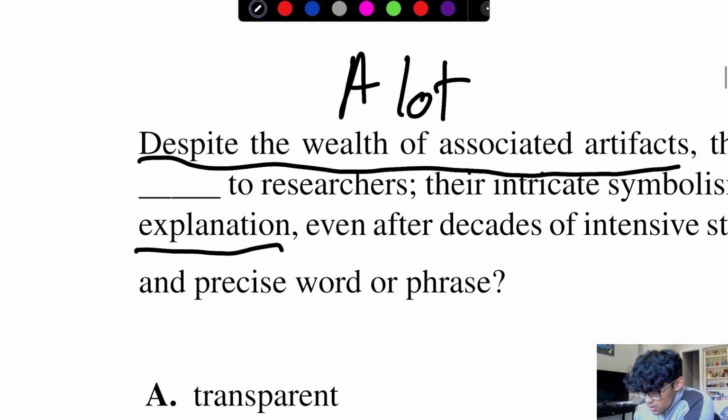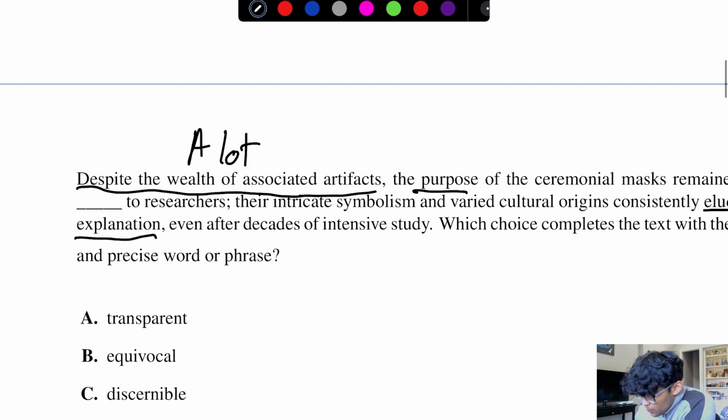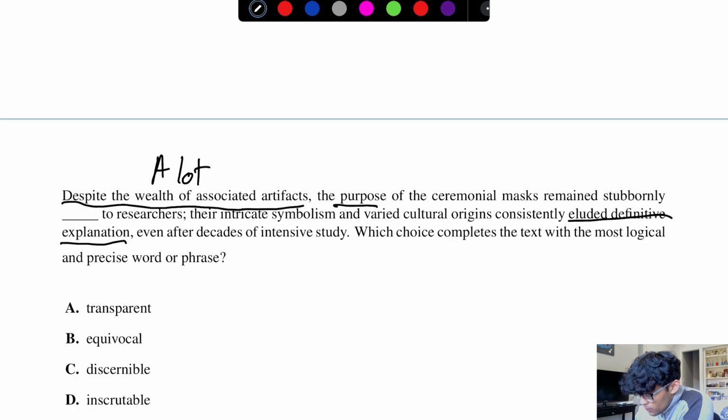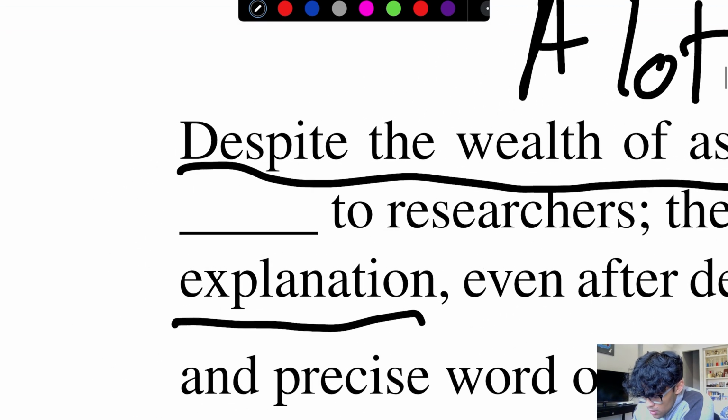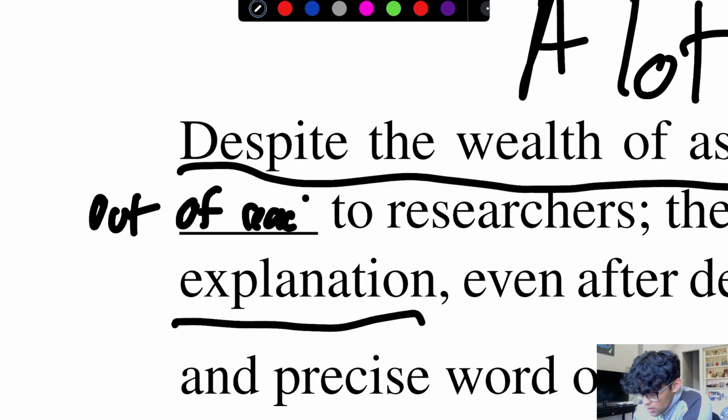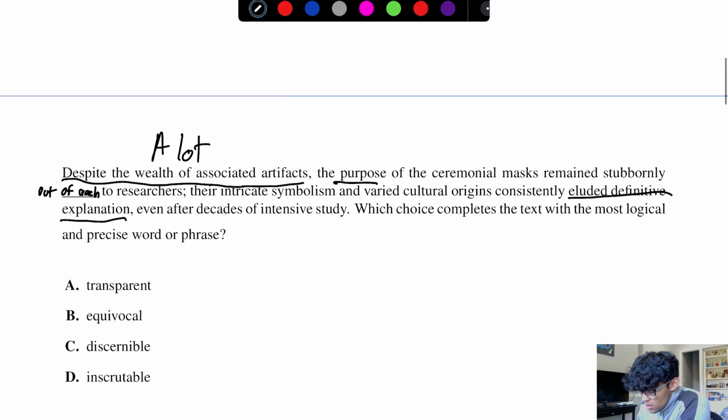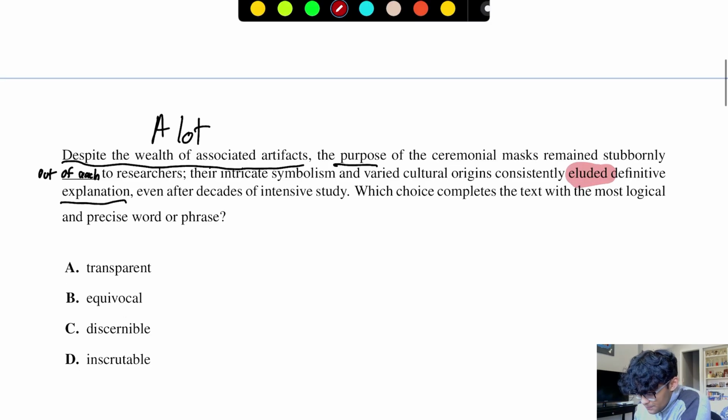So I'm going to say for this blank, the purpose of the ceremonial masks remains stubbornly out of reach, I think is a good term to fill in the blank with, because the researchers basically couldn't figure out what the purpose was. And that's evidenced by the fact that it eluded them. So the purpose eluded the researchers.